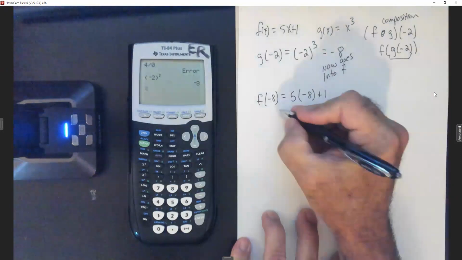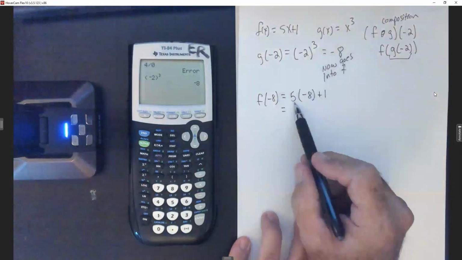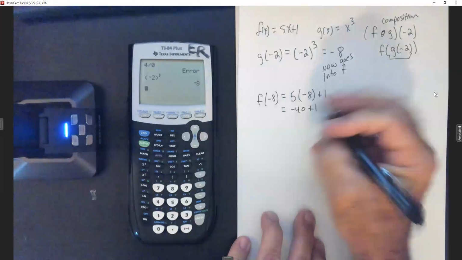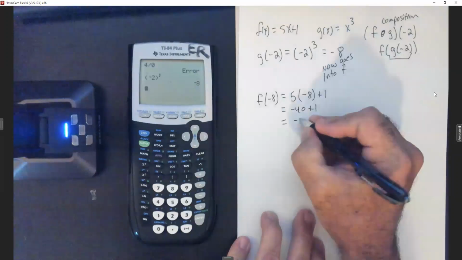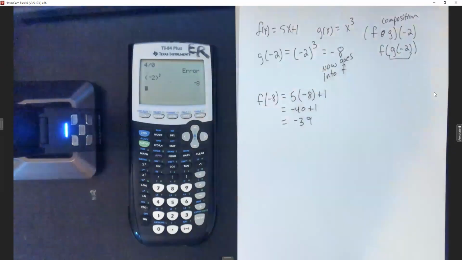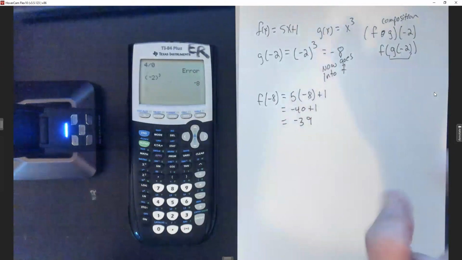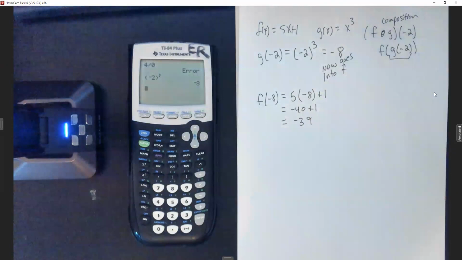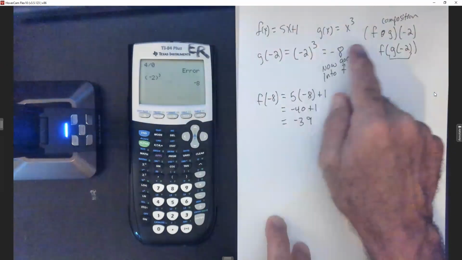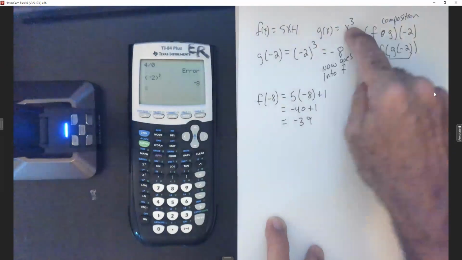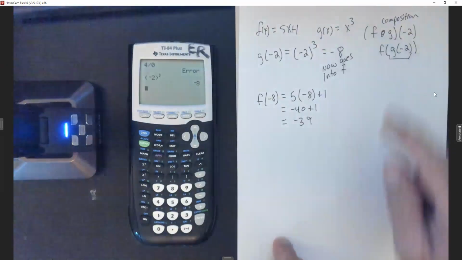So let's see what we get. 5 times negative 8 is negative 40 plus 1. That's going to be what, a negative 39? Okay, so put 1 in, get that answer, put it into that other equation, okay? Now be careful. If this would have been g of f, I'd have had to done the f first and put that answer into the g. So you got to watch that order on these.